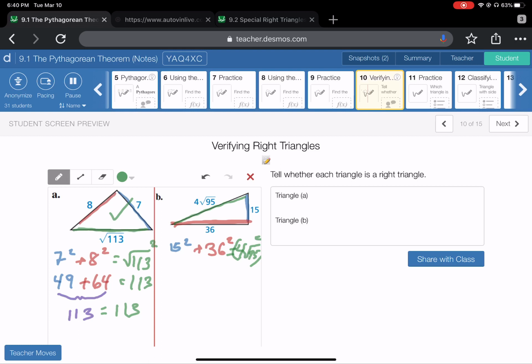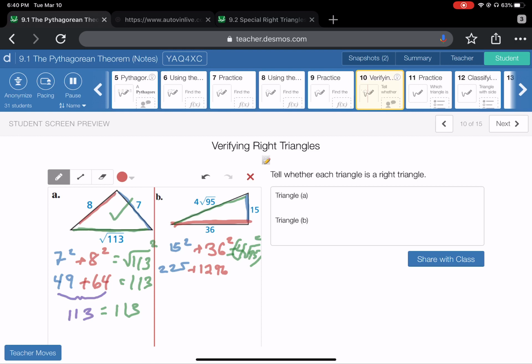First we're going to do 15 to the power of 2, 15 squared. That's going to be 225. Plus 36 to the power of 2, which is 1296.